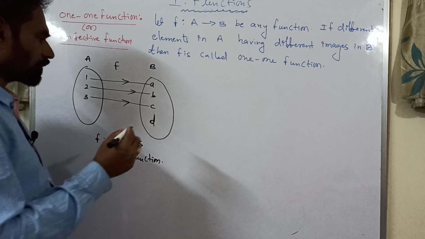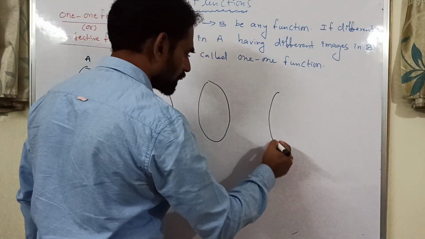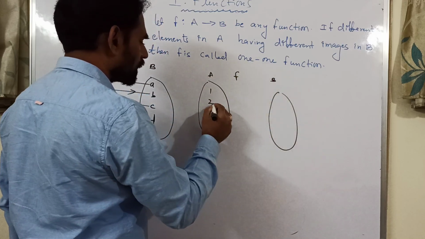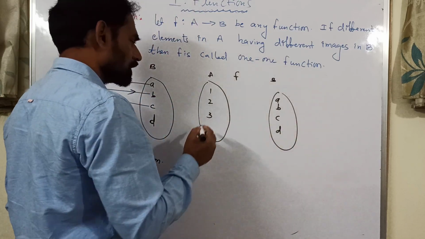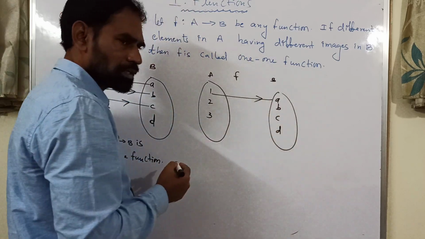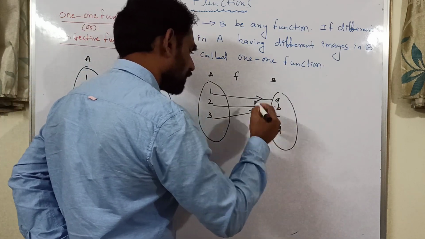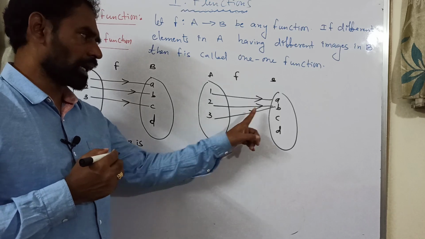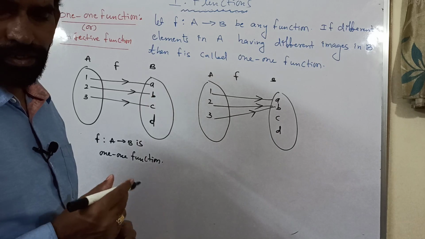Not only like this, I am taking another example here. Tell me what about this. f from A to B, 1, 2, 3, I am writing a, b, c, d. See here, image of 1 is a, and 2, 3 both go to b. Different elements 2, 3 but having the same image. That's why it is not a one-one function.